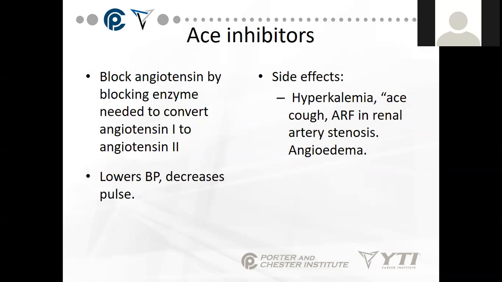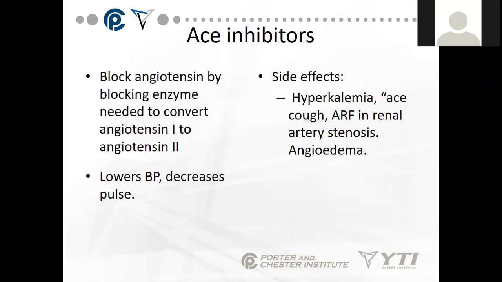So again, the antihypertensive drugs have the following main categories. They fall into the diuretic category, which we spoke about earlier. The renin angiotensin drugs work by decreasing vasoconstriction and decreasing fluid volume to decrease blood pressure through the ACE inhibitors and the ARBs.